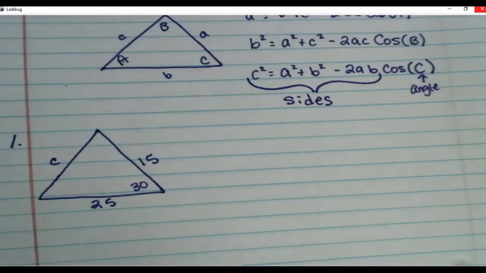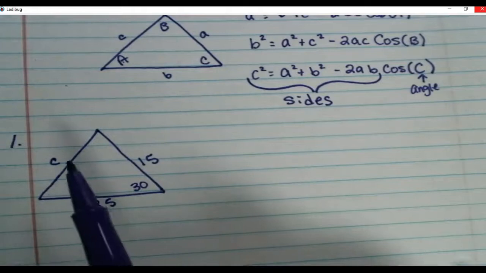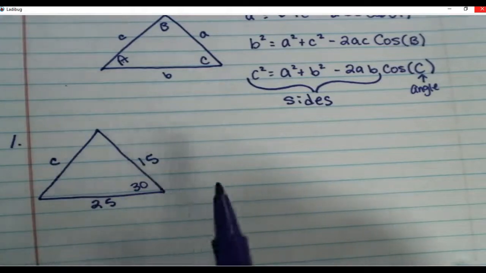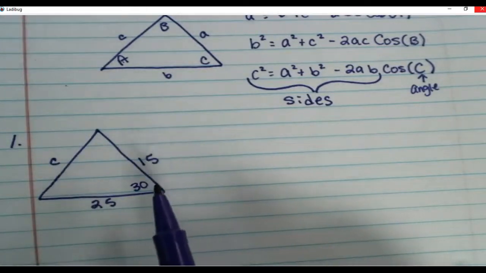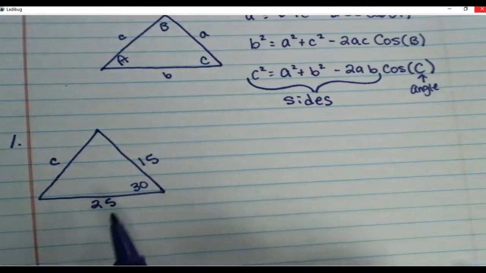Okay, so I have to either know all three sides or two sides and the angle between. Well, I know I don't know all three sides because I'm trying to find one of them. But do I know two sides and the angle between? Yeah. So I know 25 and 15, and that 30 is in the middle.